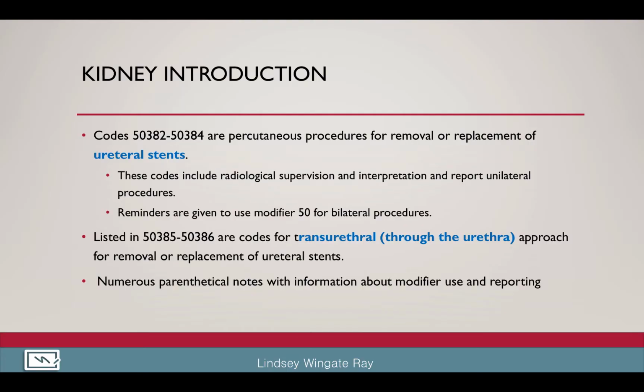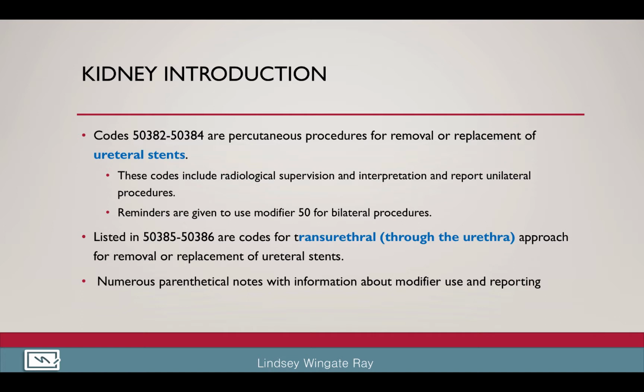Now turn to the kidney introduction section and follow along. Codes 50382 through 50384 are percutaneous procedures for removal or replacement of ureteral stents. Those are stents in your ureters. And remember, you have two of those. These codes include radiological supervision and interpretation and report.